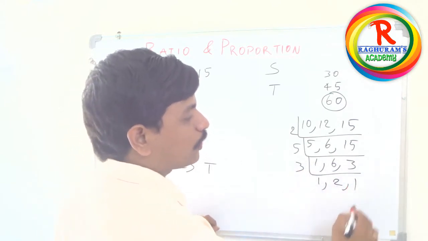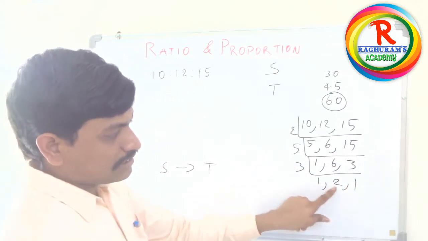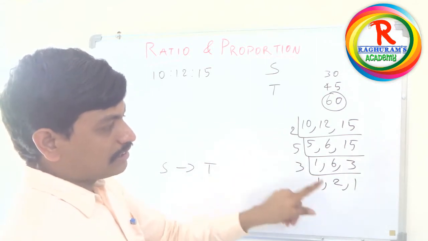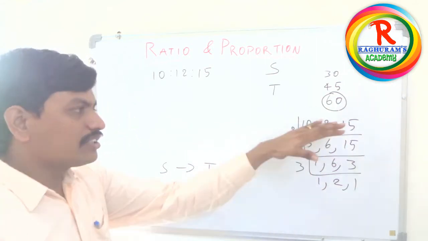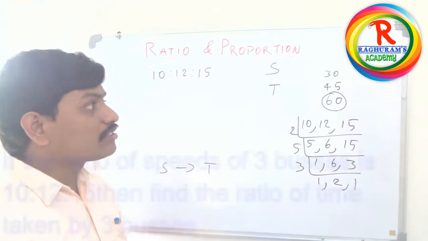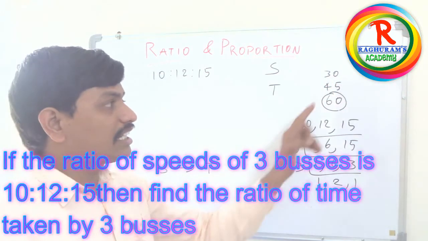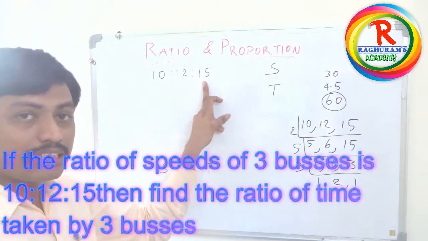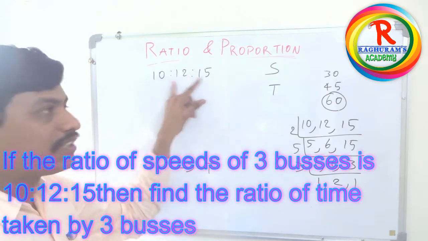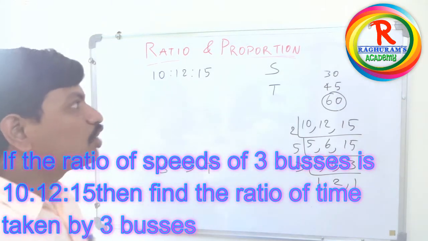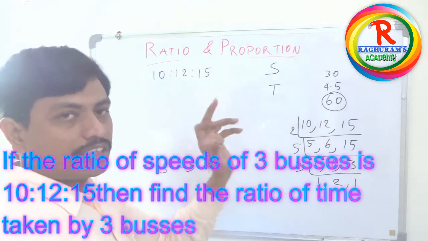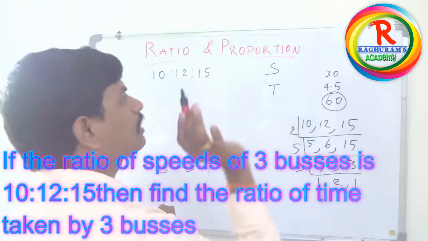So 3 1s. Here in this case 3 2s are 6, 5 2s are 10, 10 6s are 60. So this is the normal method, and we can also apply the shortcut method: 30, 45, so multiples of the biggest number, and see whether the other two numbers are divisible or not. Based on this we can find the LCM by the shortcut method. So anyway, the LCM is 60.